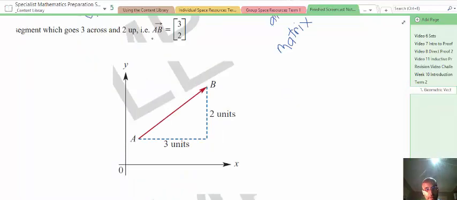If we look at the example here, if the vector is called AB, which means it starts at A and goes to B, and it equals the column vector 3, 2, or the storage vector 3, 2, we can write that or draw that as a geometric vector.